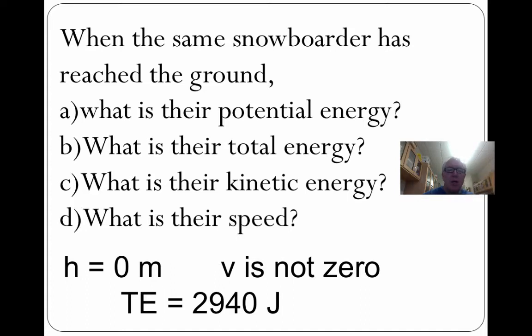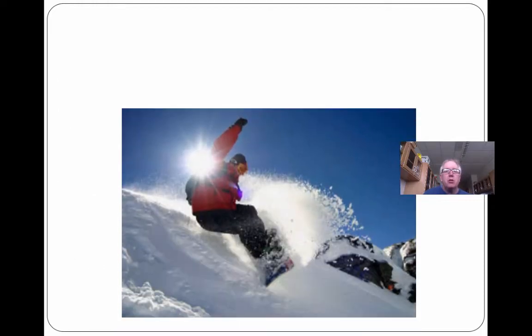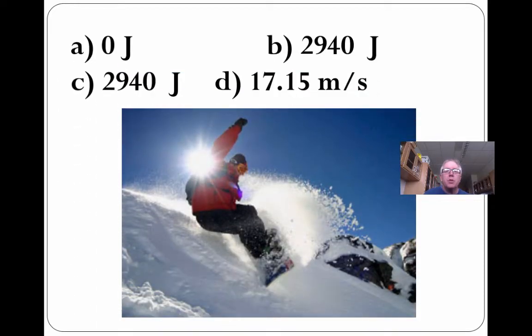And then we can backtrack as we did in the last problem, and using the square root, we can find out what their speed is. So hopefully you have some success with that. I'll give you my answers now, and if you had some trouble getting them, of course, you can ask questions back in class. So here are my answers for those questions, and hopefully that made some sense to you.